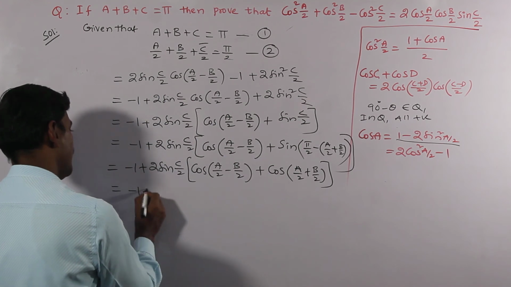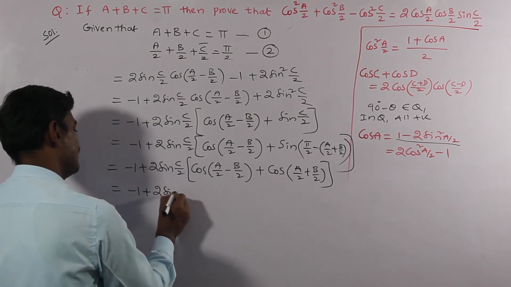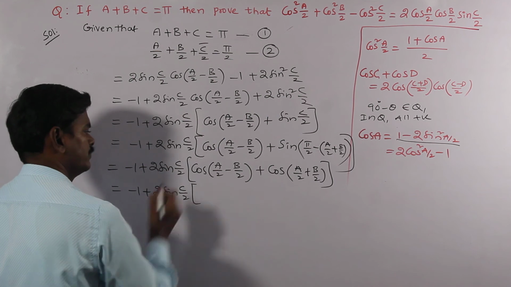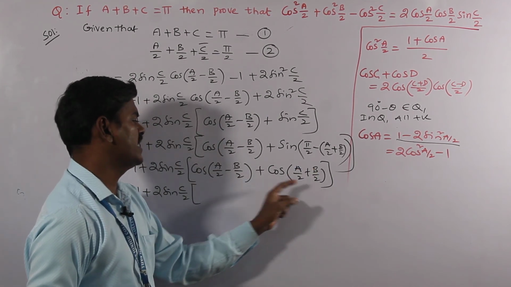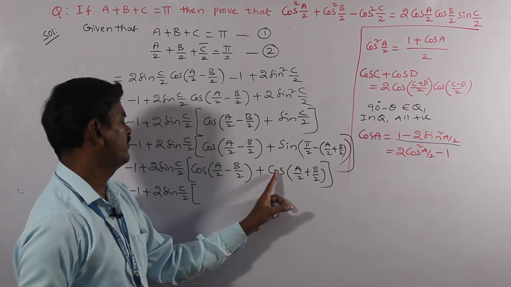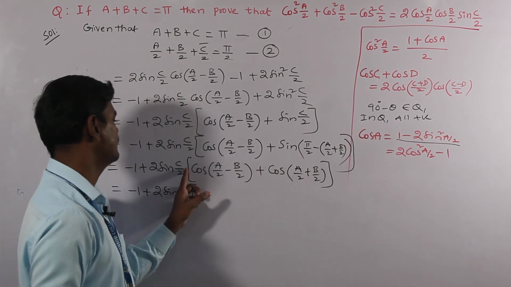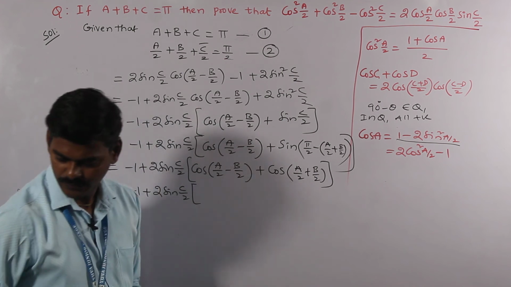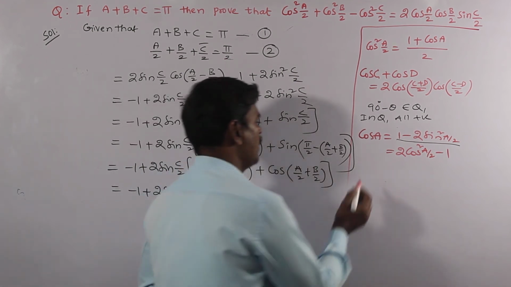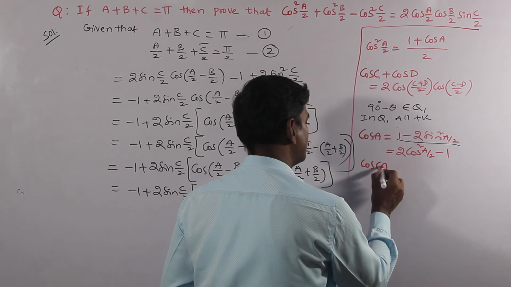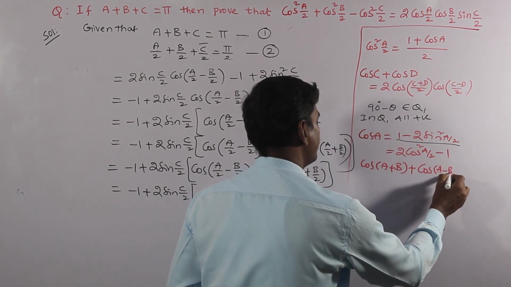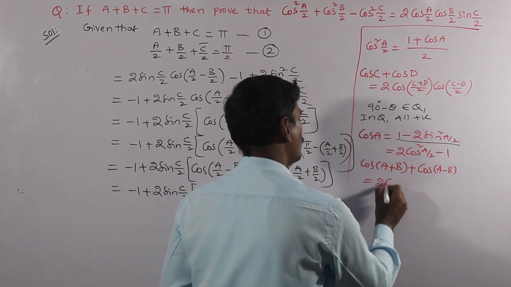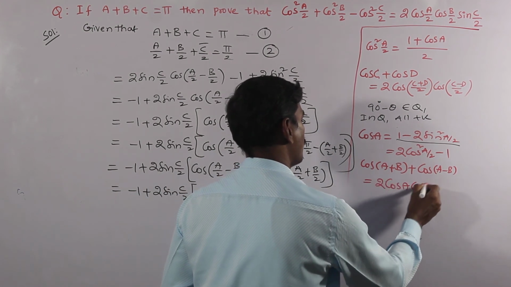Now minus 1 plus 2 sin c by 2 into, if I assume a by 2 as a and b by 2 as b, clearly it is in the form of cos of a plus b plus cos of a minus b. Let me remind the formula for cos of a plus b plus cos of a minus b: 2 cos a cos b.